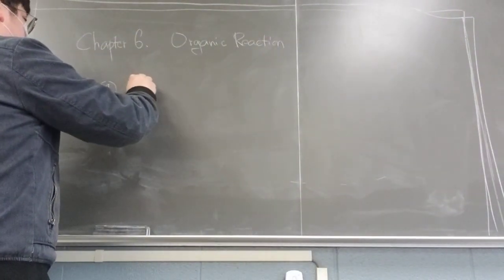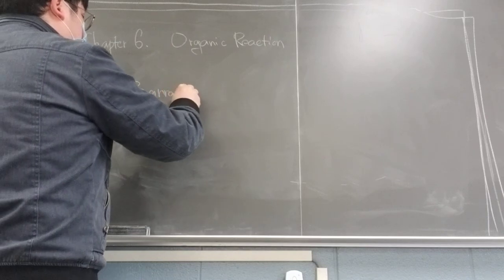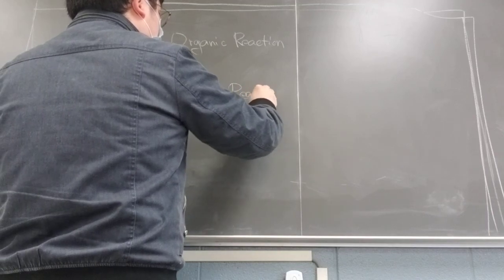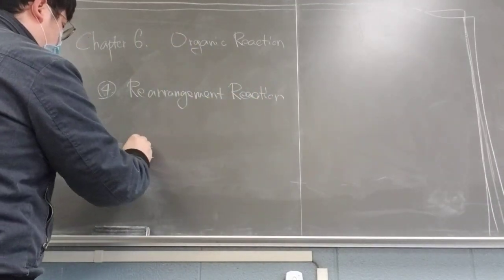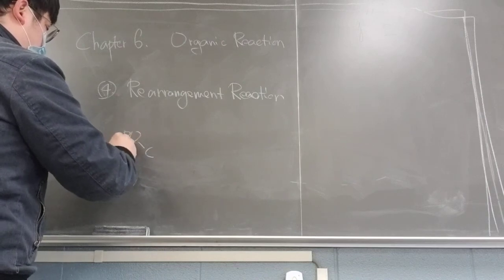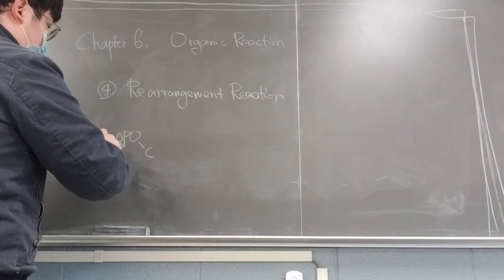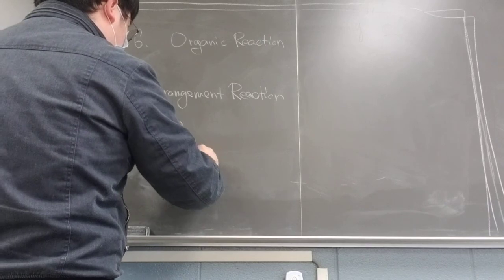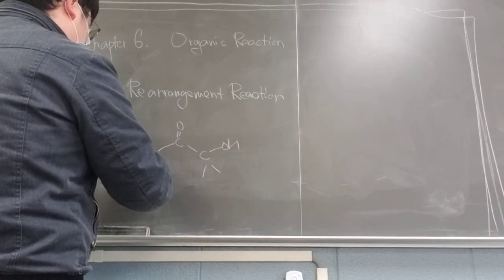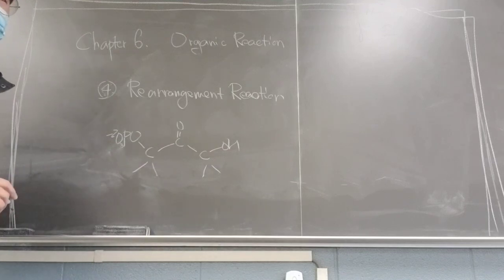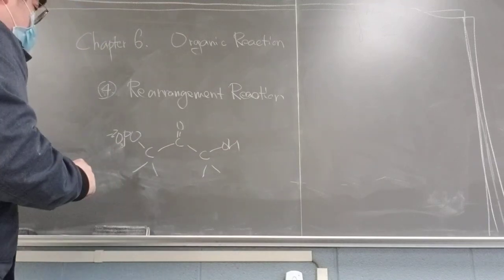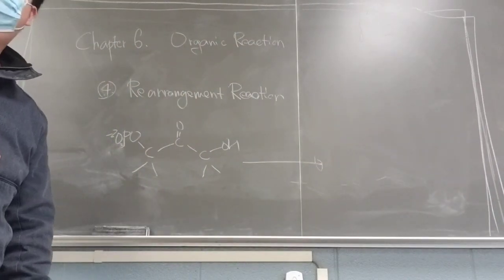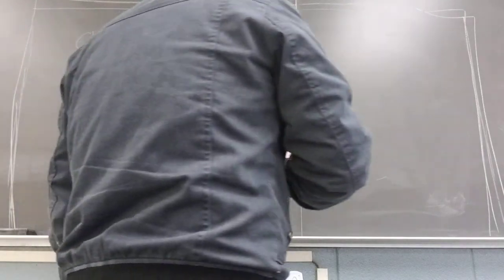Number 4 is what we call rearrangement. For example, if we have this type of compound over here, this is actually one part of glycolysis. If you're taking a bio class, this is one step you can do.